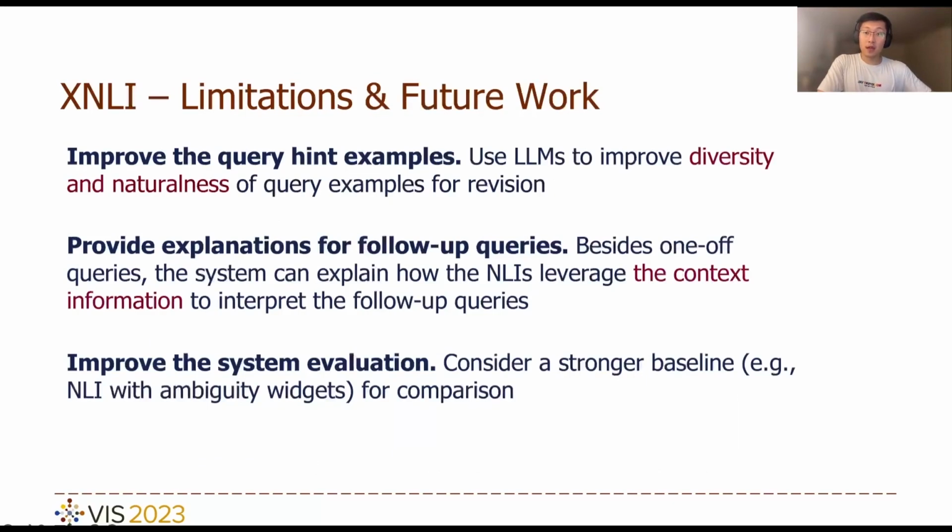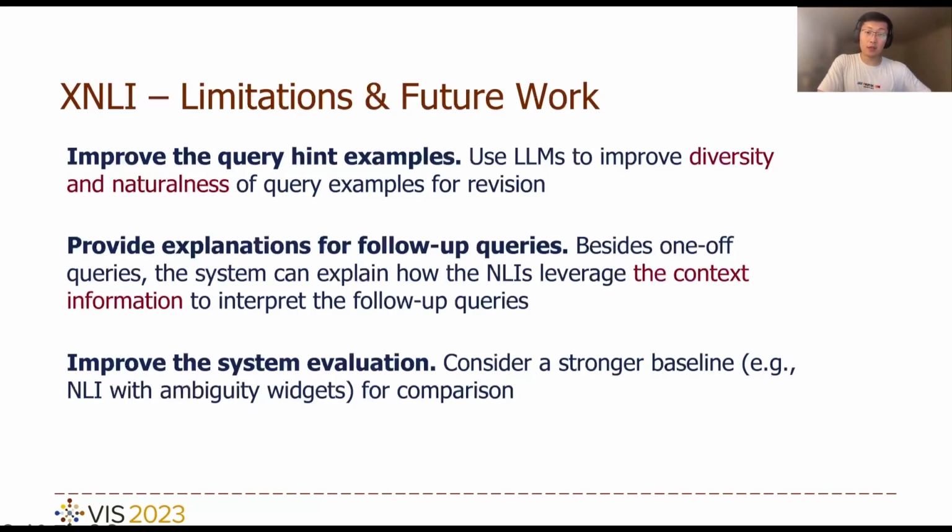Also, our system has some limitations that could inspire future work. First, we can improve the query hint examples by using large language models to improve their diversity and naturalness. And also, we can provide explanations for follow-up queries.